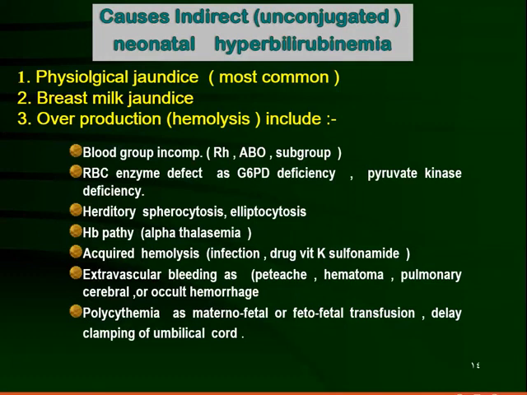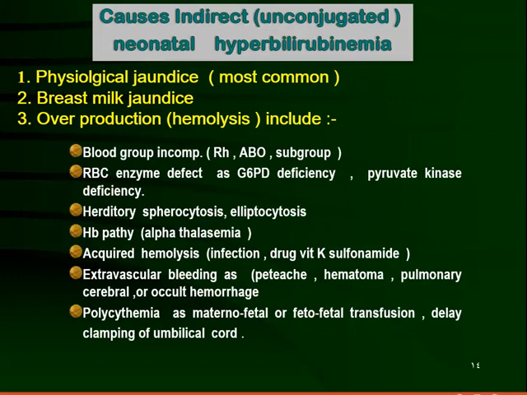What are the causes of indirect hyperbilirubinemia in neonates? First of all, we have physiological jaundice, which is the most common cause, breast milk jaundice, overproduction, or hemolysis, which includes many causes. The most important and most risky cause is blood group incompatibility, like Rh, ABO, and subgroup incompatibility.